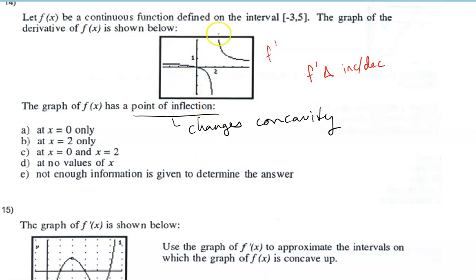It does jump up here, but the curve is still decreasing, right? F prime is still decreasing everywhere. Okay, if this is decreasing everywhere where it exists, it looks like it has an asymptote at x equals 2. But if it's decreasing everywhere that it exists, it's never changing between increasing and decreasing. Therefore, there's no change in concavity, so we have no points of inflection. So our answer is D.